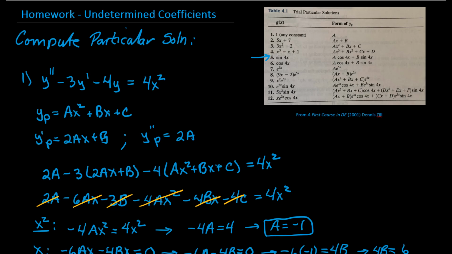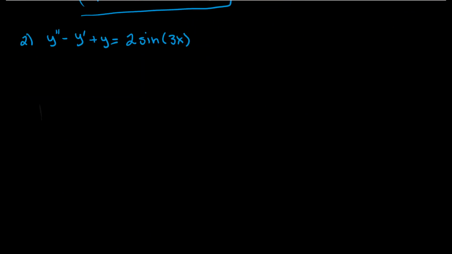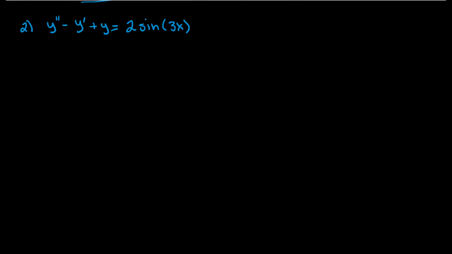So this is going to be a cosine 3x plus b sine 3x that we're going to use for our proposed solution. Our proposed solution is going to be a times the cosine of 3x plus b times the sine of 3x.